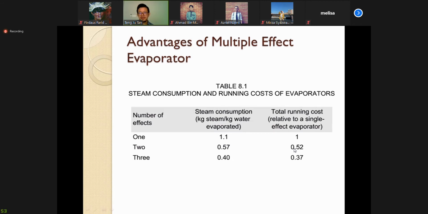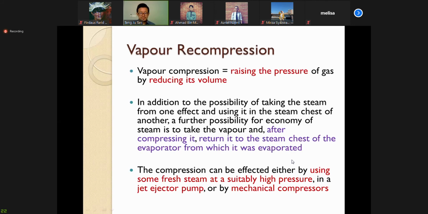Its total running cost is 0.52. If you have three effects, it's 0.4 kg of steam needed to remove 1 kg of water. So you save more. The total running cost is even lower, 0.37.